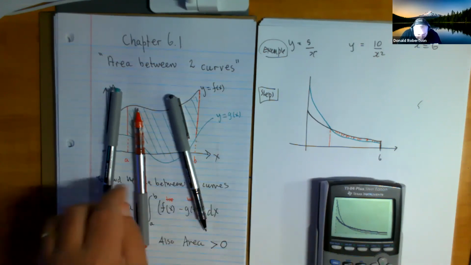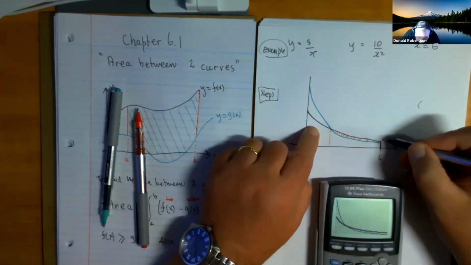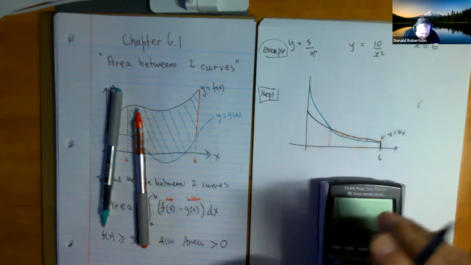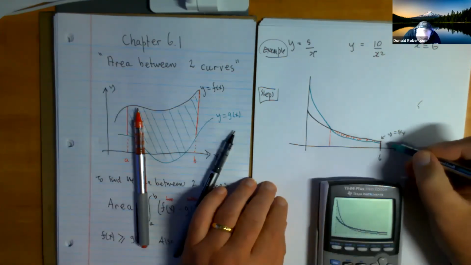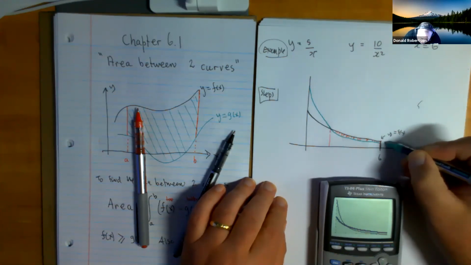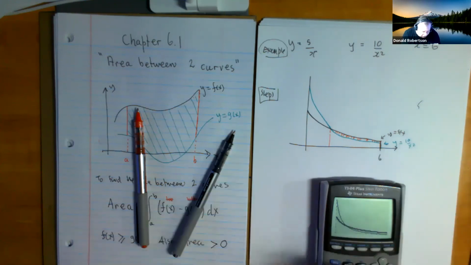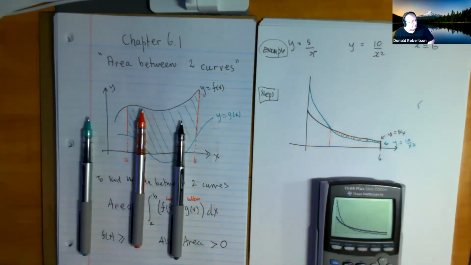The one that's black, this guy here, is 5 over x. And the one that's green, which is basically right next door to it, is the 10 over x squared. Because it's not very easy to look at a picture sometimes on a calculator and know who's the top and the bottom guy. You're all used to that little trick in the calculator where you can make one of them thick and one of them skinny so you can tell which one's which.